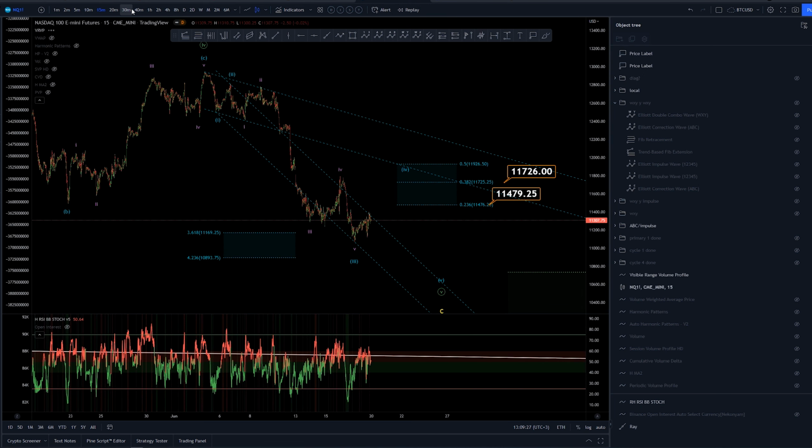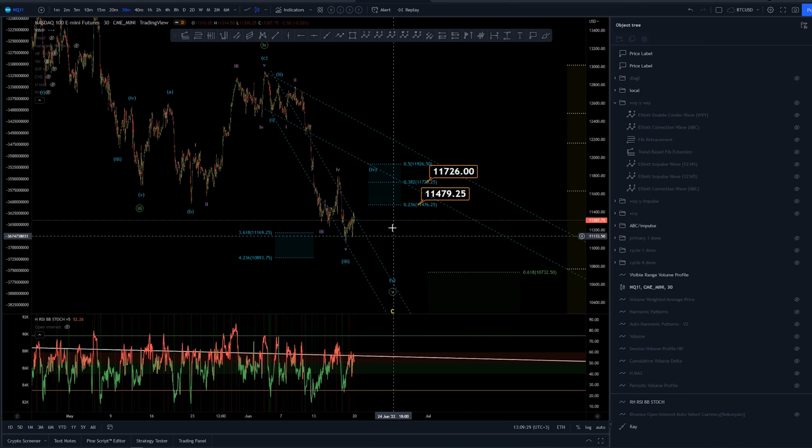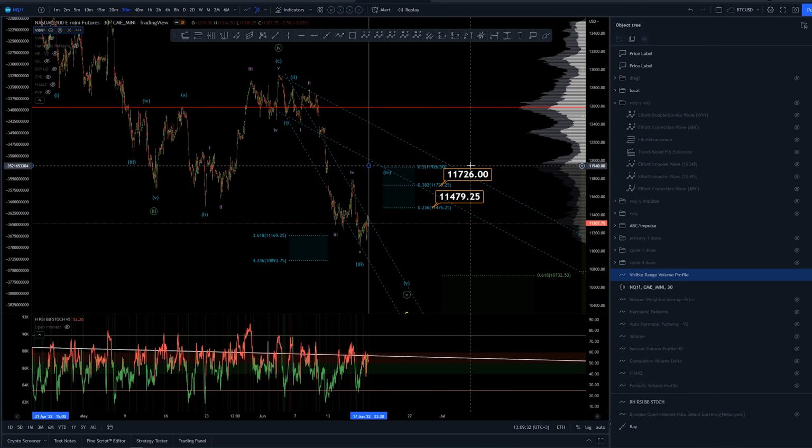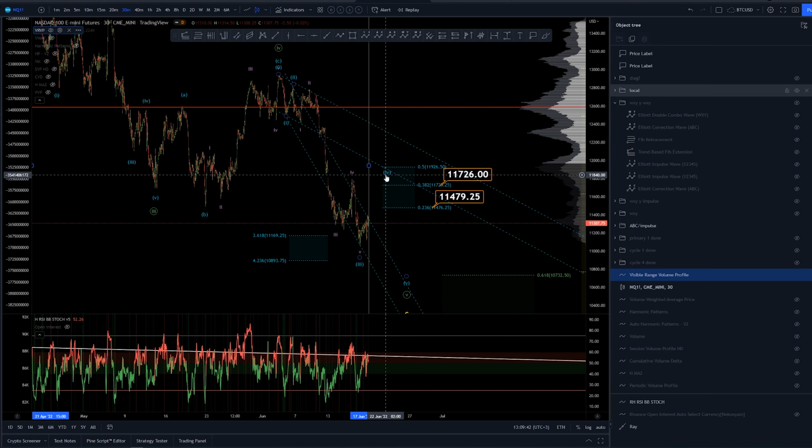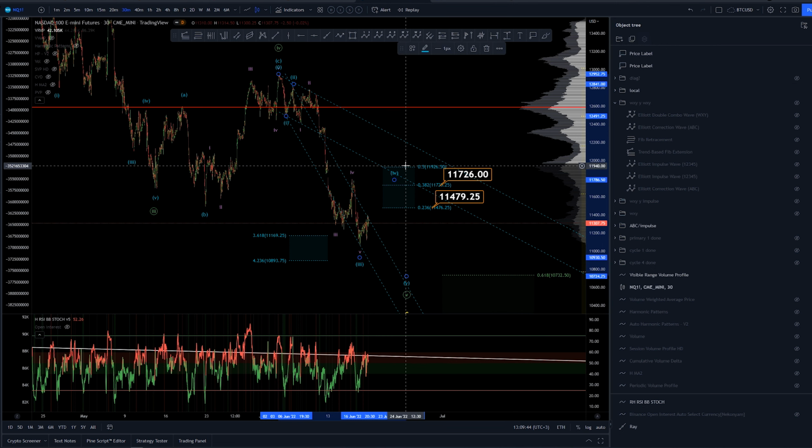Let's see if there is some volume supporting that as well. Not really. We have the volume only coming in here at the 0.5. If we are getting above this 0.5 retracement here for this wave 4 or possible wave 4, then we would need to look into something else. It is not likely for this to get beyond the 1 or 0.5 retracement here.